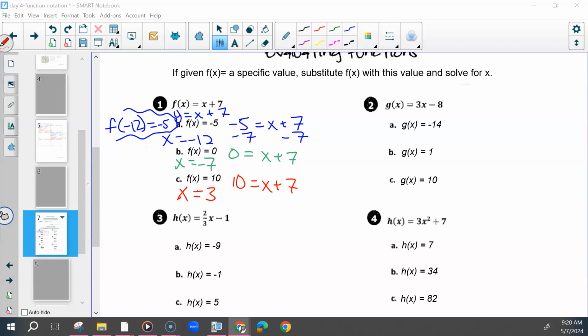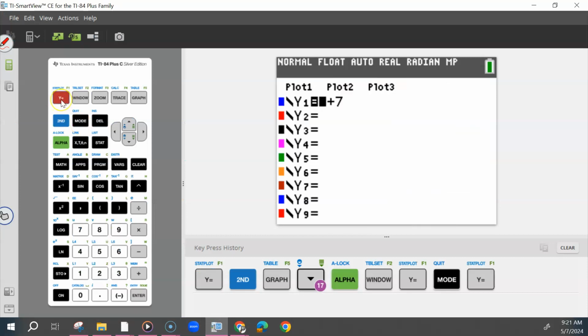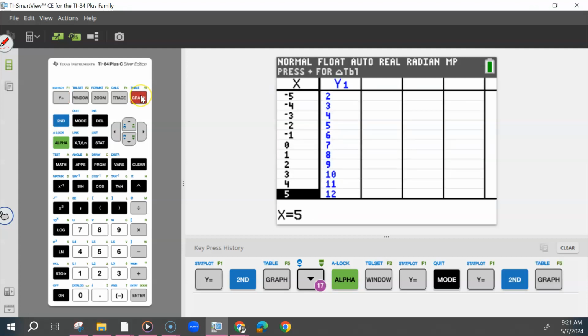Put that into your calculator if you don't already have it. And then go back into your table. It's going to be very similar to looking for the x's, except now you're looking for the y values.